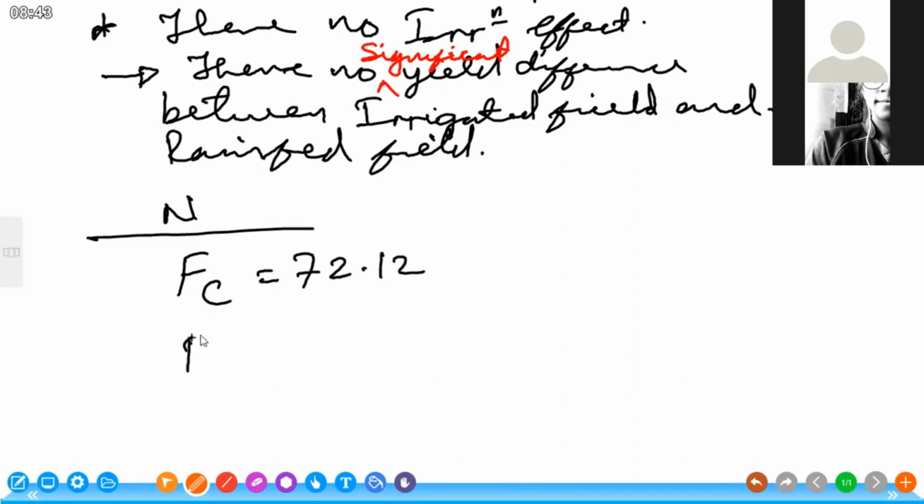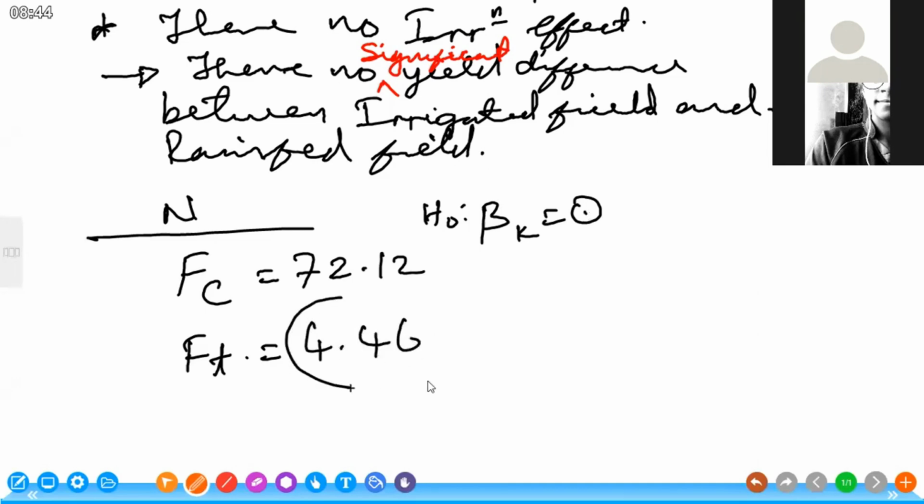Okay. So what is the table value for nitrogen? We can say our null hypothesis is beta K is equal to 0. We can test that. Look at the table value. What is the table value? 4.46.